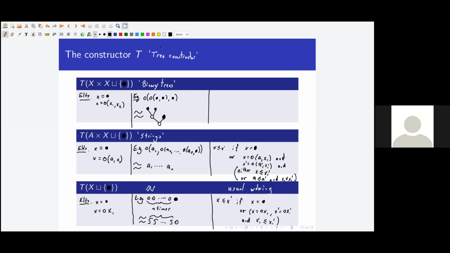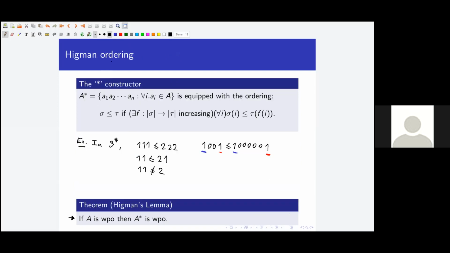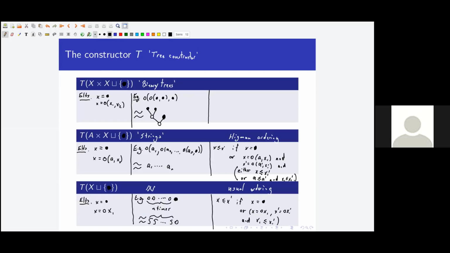And again, you can check carefully, but this should be the same as the Higman order. And then, well, first of all, so what we have is a type of constructor that subsumes this previous Higman constructor. We don't really need to talk about Higman orderings anymore if we have this thing around.